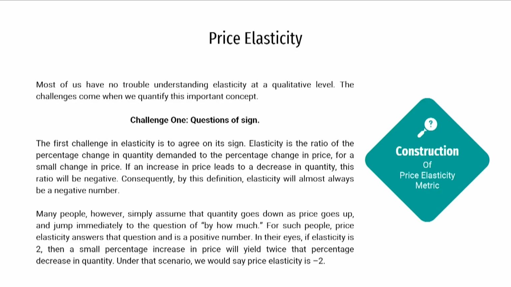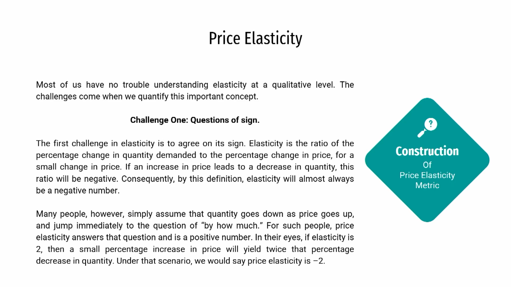So, what do we indulge into when we try to analyze? Most of us try to end this concept midway. Many people simply assume that quantity goes down as the price goes up and jump immediately to the question of by how much. For such people, price elasticity answers that question, and apparently it looks like a positive number.